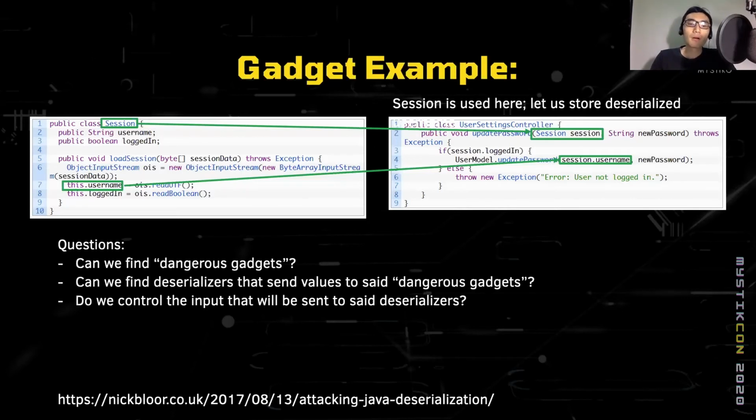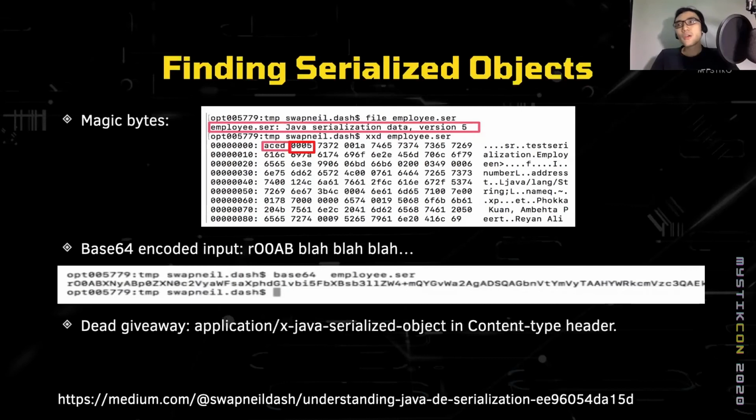Remember we talked about finding where we could inject some of these payloads, so let's talk about that. If you paid close attention to the first 2 examples, we glossed over this a little, because what Mukhtar did was to basically amend the byte stream directly. Here you can tell that once you want to hunt for these serialized objects, you can look out for what we call magic bytes.